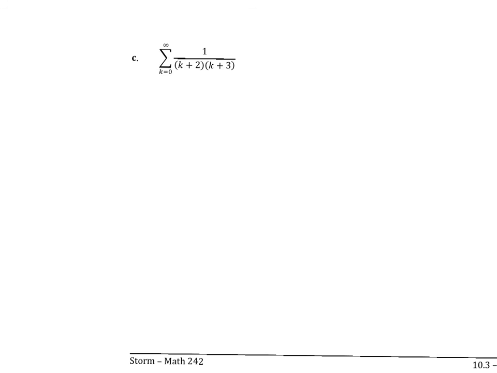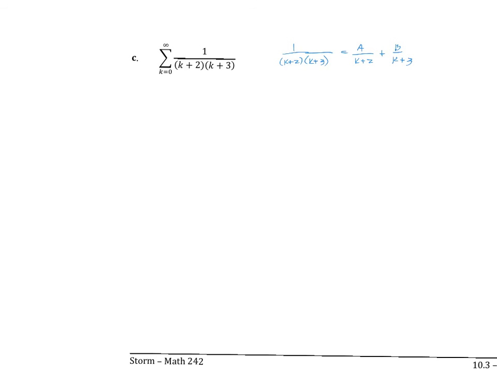However, this could be written as a subtraction if I use my partial fractions from chapter 8 to write this as a over k plus 2 plus b over k plus 3.